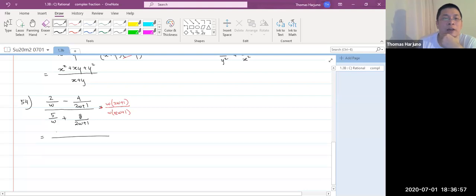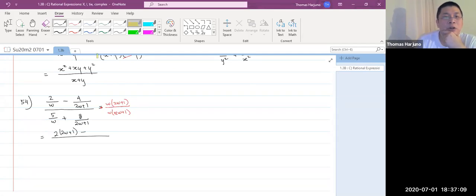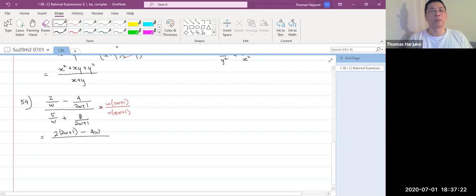So on the top left, that will be canceling the w. I get 2 times 2w plus 1. I will distribute that later. For now, let me just write it down. Minus the top right here, 2w plus 1 cancels. Multiply w by 4, gives me 4w. The bottom left, the w cancels.